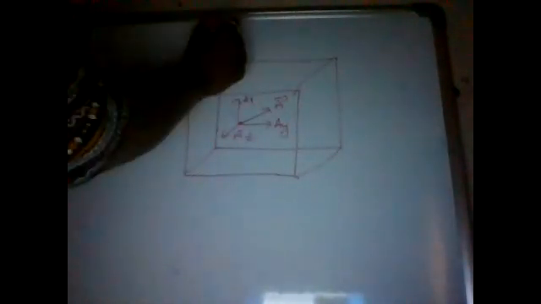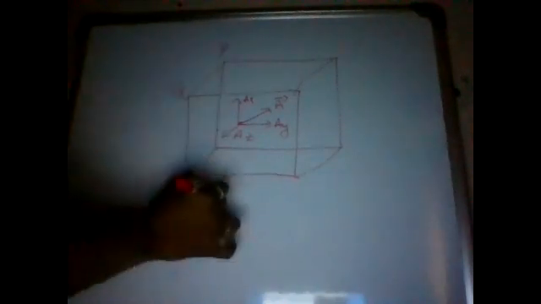This is one face PQRS, and here EFGH is another face.